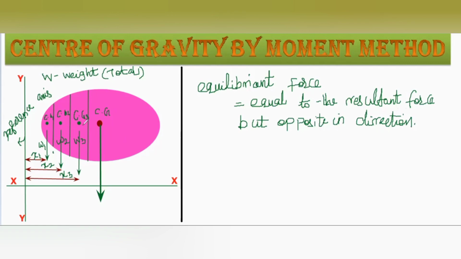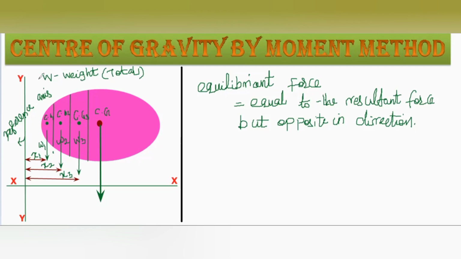Here we consider only 3 strips. Like that, we can consider many strips in this area, and the distances can likewise be calculated from the reference axis, the YY axis, such as X1, X2, X3, X4. So W1, W2, W3 are the individual weights of the small areas.